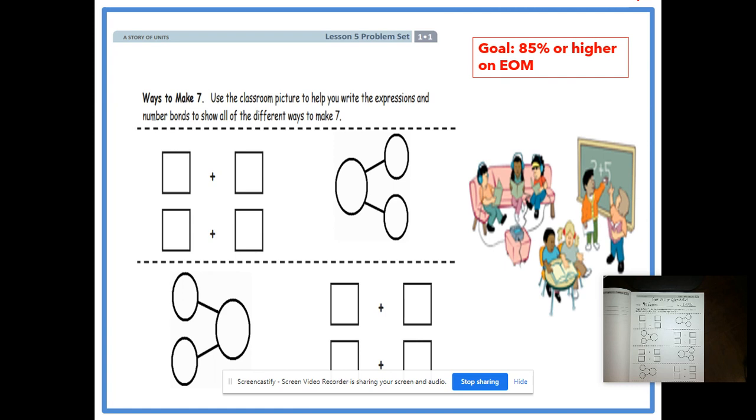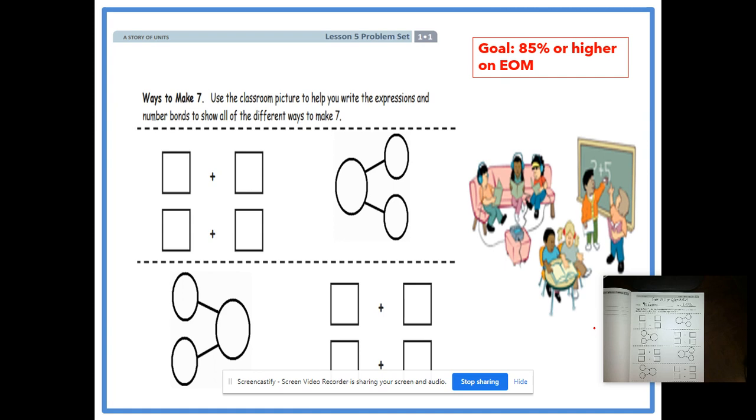Okay, we're going to continue. So just like yesterday, this time we're going to use a classroom picture to help us write the expressions and number bonds to show all the different ways to make 7. So by looking at the picture, this is our first question.